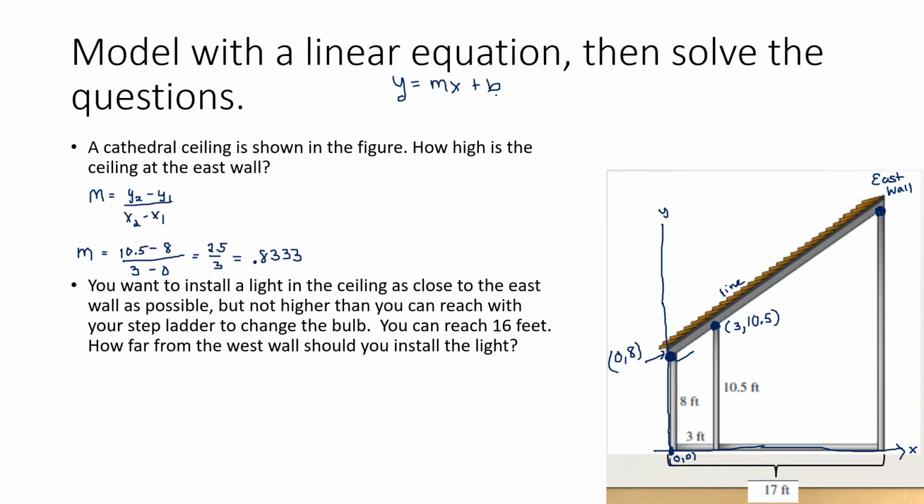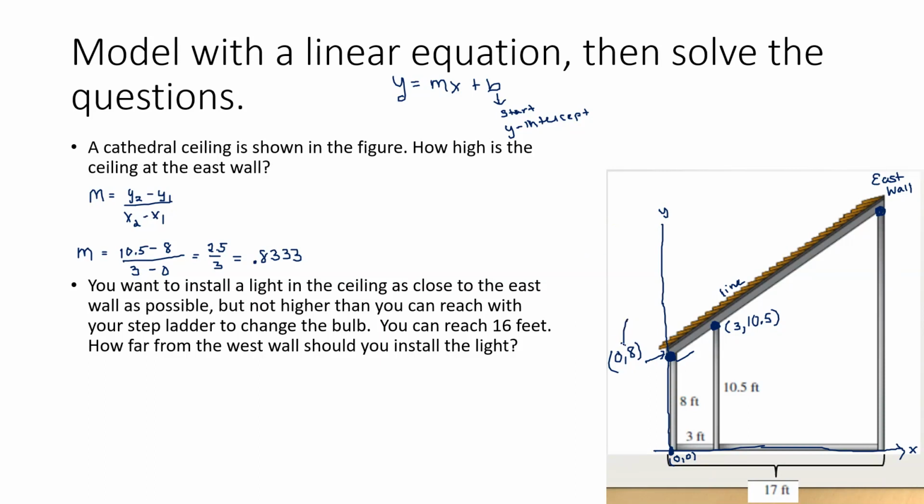Now, we know that b is the start, the y-intercept. And we are able to find b by plugging in the slope and plugging in an x, y ordered pair. But in this case, because I located the building directly on top of the y-axis, I actually know the y-intercept.